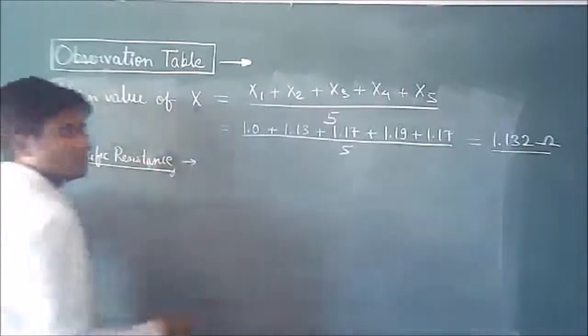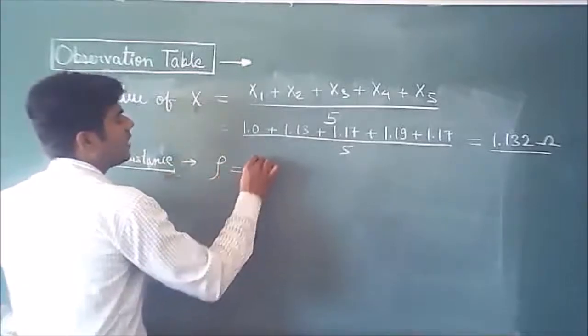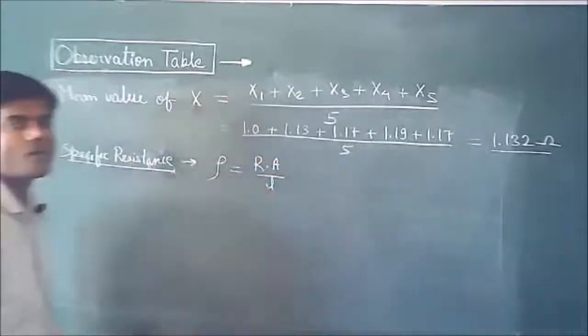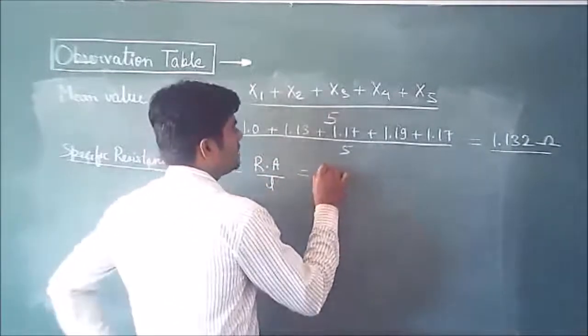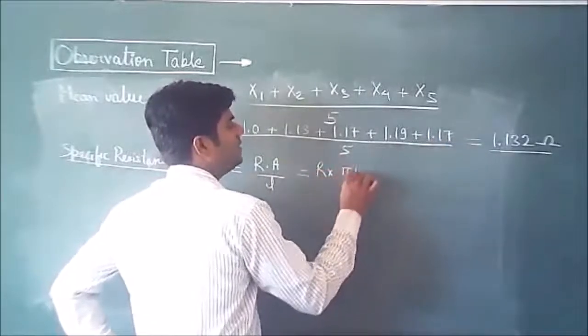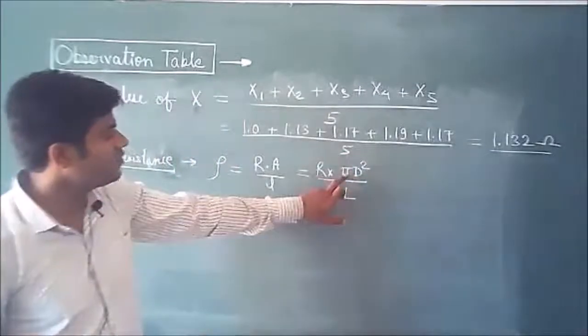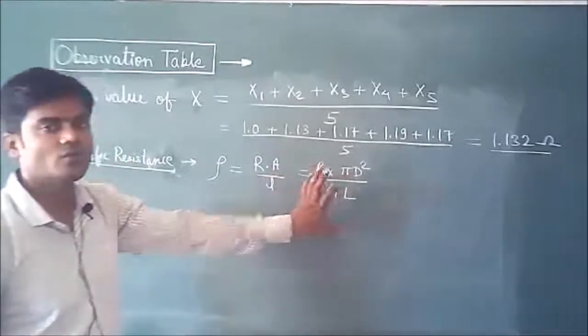Rho is equal to R into A upon L, which is R into pi d square upon 4L. How? The value of area A is pi d square upon 4.